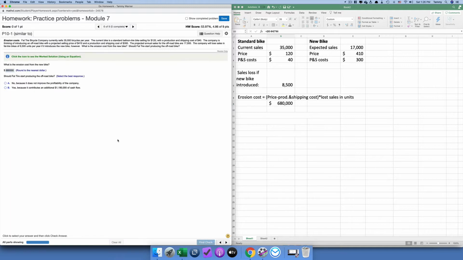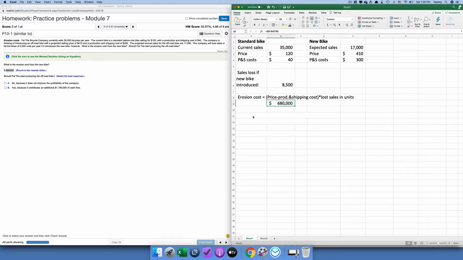Okay, that's easy. Now, should we start producing the bike? In order to come to that conclusion, what you have to do is first look at what would happen if they didn't produce the new bike, right?